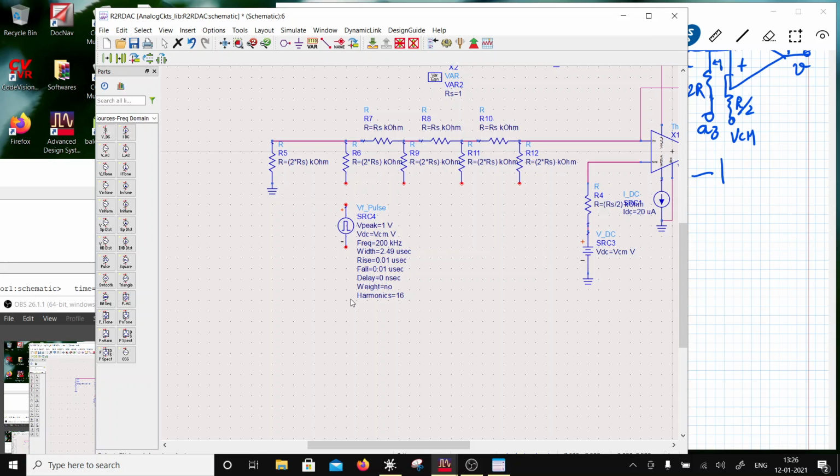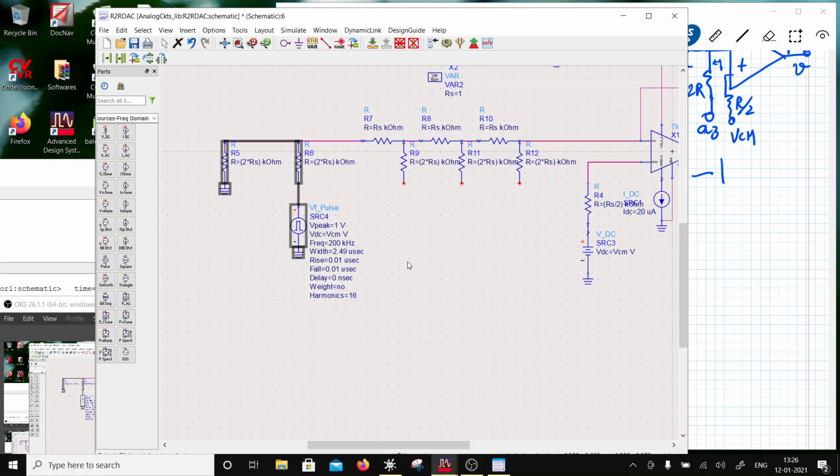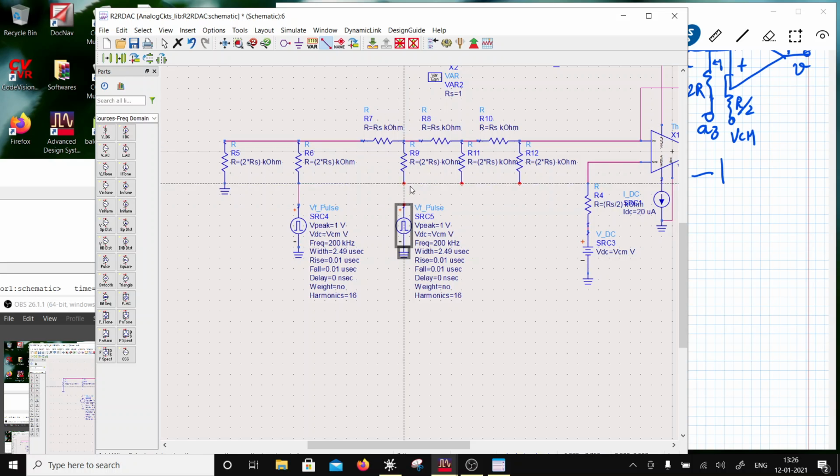Correct? So this is my first source. And the second one is going to be half the frequency because I want to generate all the states. So the second one, I'll copy this to the right, and this one I'm going to put here as twice of this.